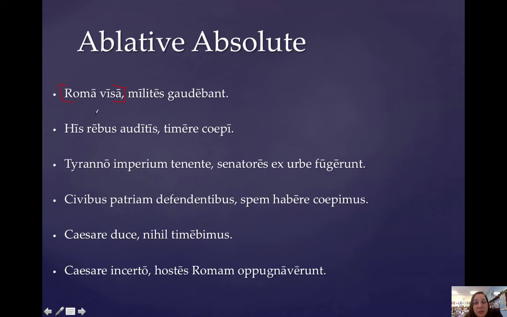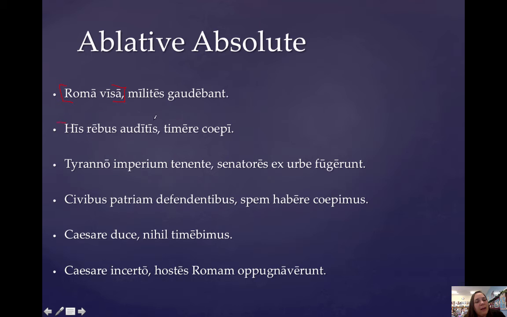And so, again, the most basic way of translating this, with Rome having been seen, the soldiers were rejoicing. But that just sounds a little bit awkward in English. So you can say, when Rome was seen, the soldiers were rejoicing, or since Rome was seen, the soldiers were rejoicing, okay?